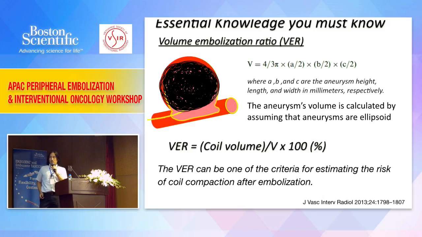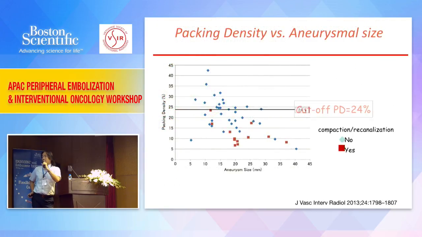Volume embolization ratio is calculated by this formula, and it's one of the criteria when we finish the embolization. And according to the paper, we must use many coils, and VER must be over 24% to prevent recanalization or coil compaction.